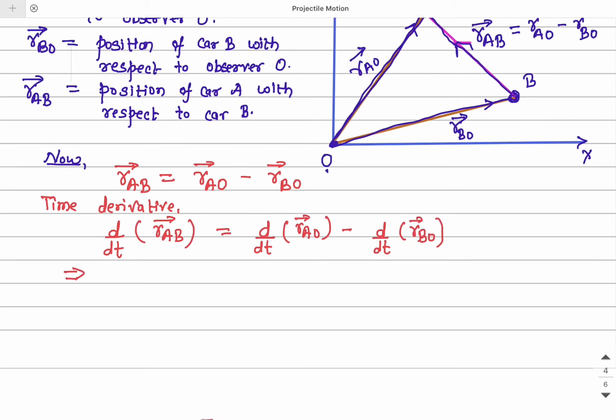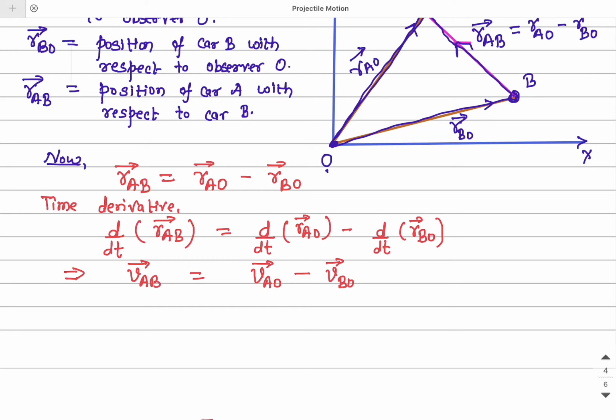This is the position of car A with respect to B, so this will give you the velocity of car A with respect to car B. And this is the velocity of car A with respect to the observer, and this gives you the velocity of car B with respect to the observer.